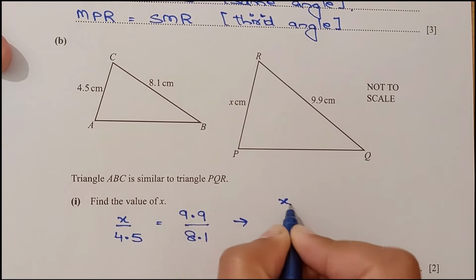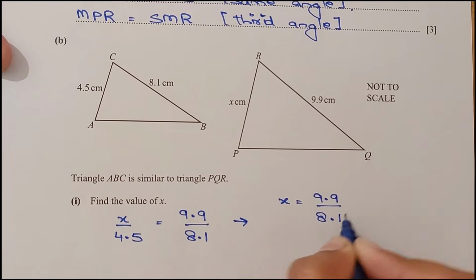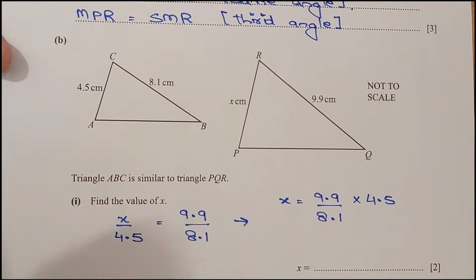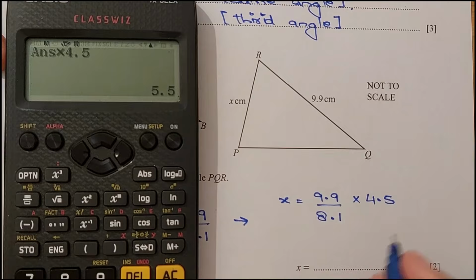So x equals 9.9 divided by 8.1 multiplied by 4.5. Let me simplify this. 9.9 divided by 8.1 times 4.5, this is 5.5, the value for x.